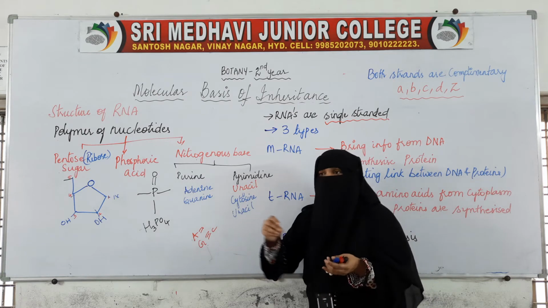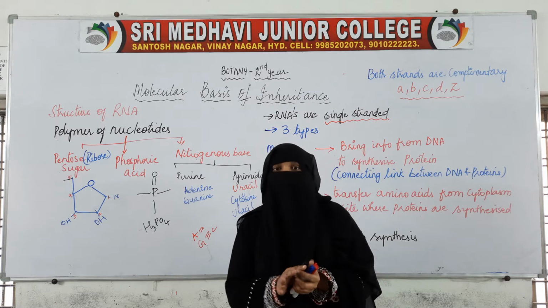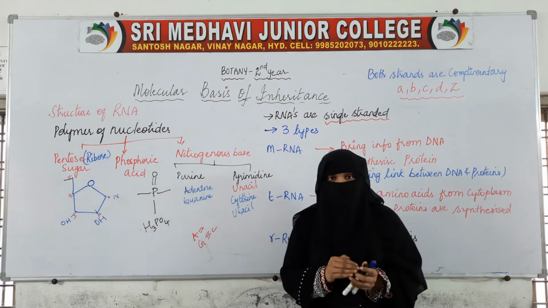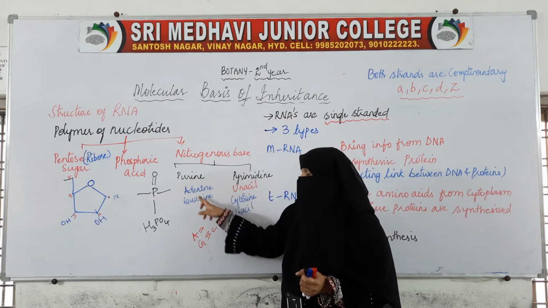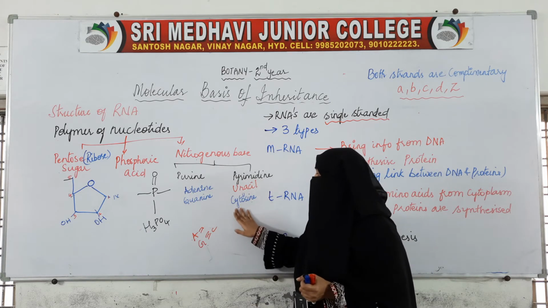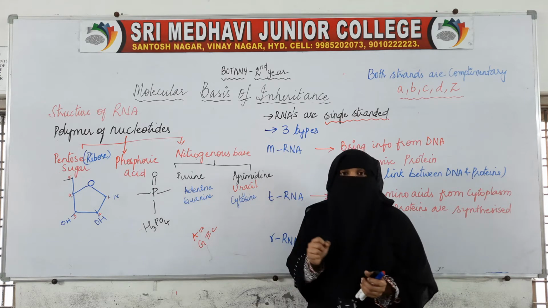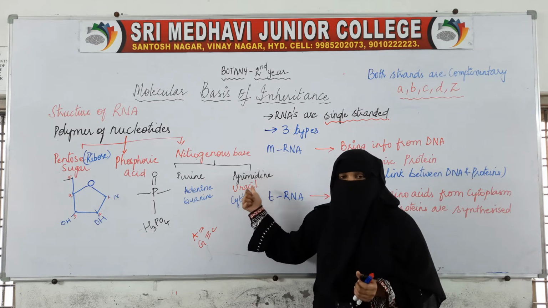So when adenine is there, there will be uracil. Thymine will not be present. In RNA, the purines are adenine and guanine, whereas the pyrimidines are cytosine and uracil. Thymine is replaced by uracil in RNA.